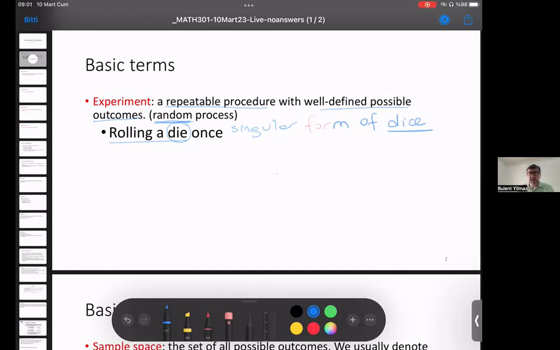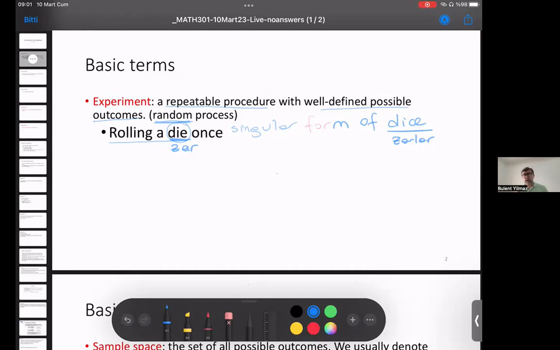Dice is zarlar, a couple, more than one die, and die is the singular form. This is zar, dice, zarlar. So rolling a die, flipping a coin, choosing a person from a group.